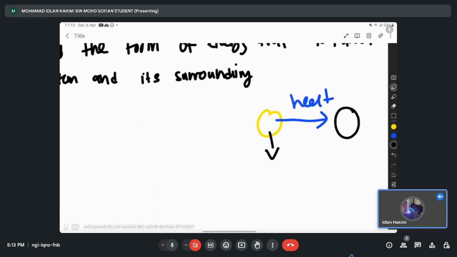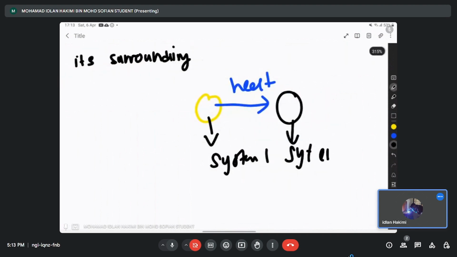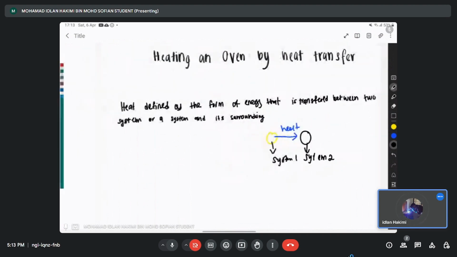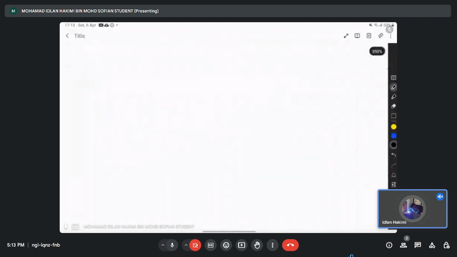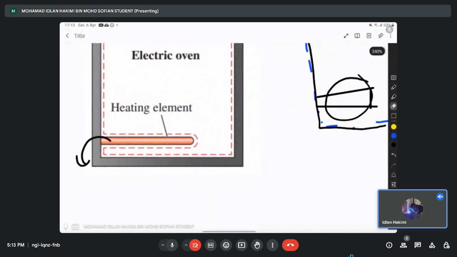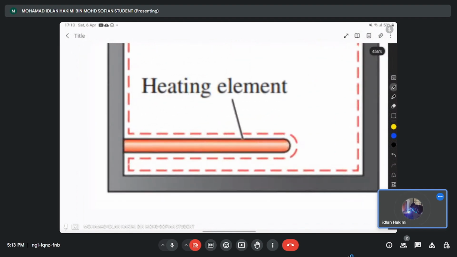Which one is system 1? This one is system 2. In this case, the heating elements are heated and produce the heat.